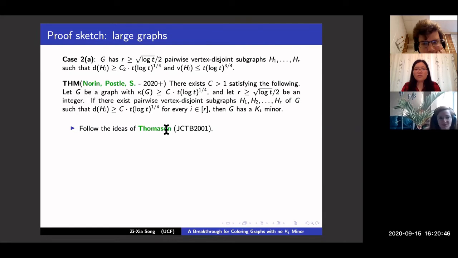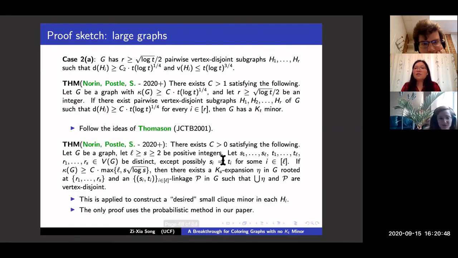I just want to mention that we do use a linkage. You should think: I have a small clique minor living in each subgraph Hi. How do I connect these small minors into a big one? We will use linkage here, and we have a rooted minor and a linkage. This one will be used.